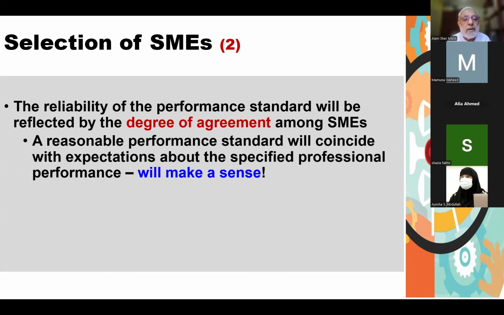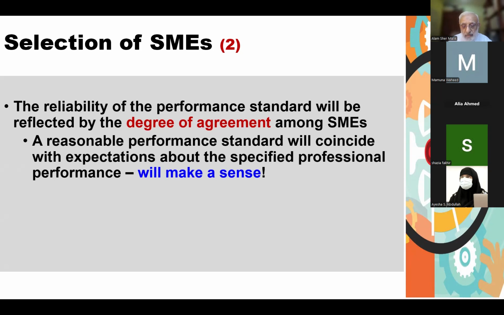The reliability of the performance standard will be reflected by the degree of agreement among SMEs. Right, we have discussed that in detail, that agreement is very important. A reasonable performance standard will coincide with expectations about the specified professional performance.